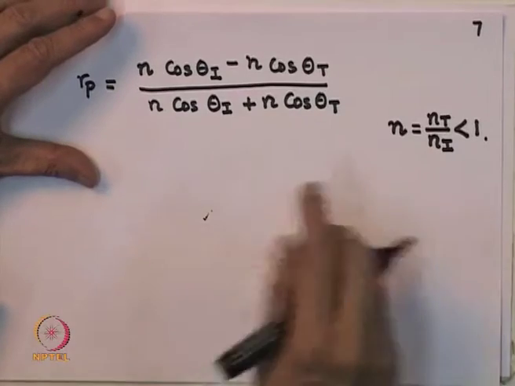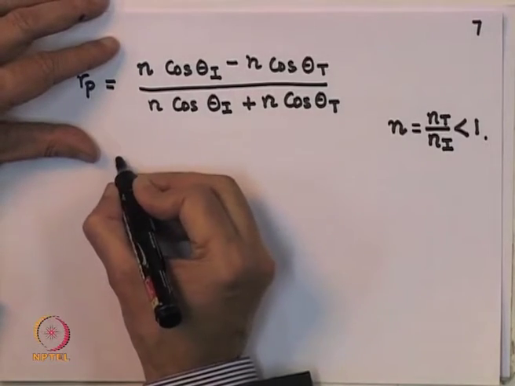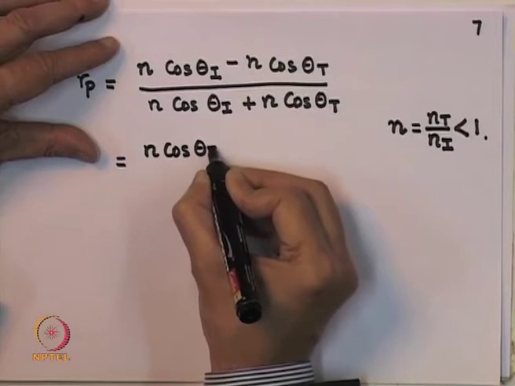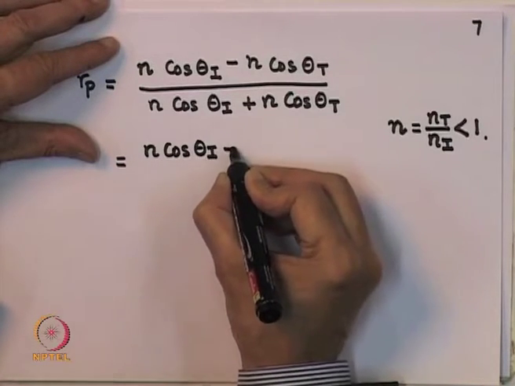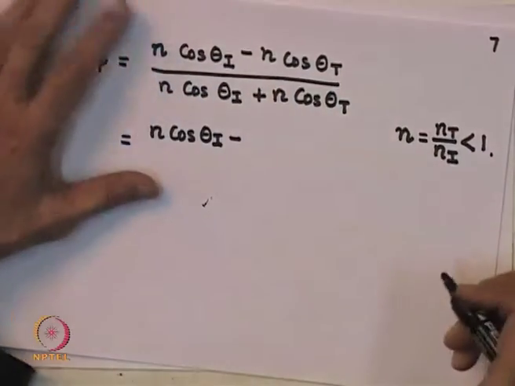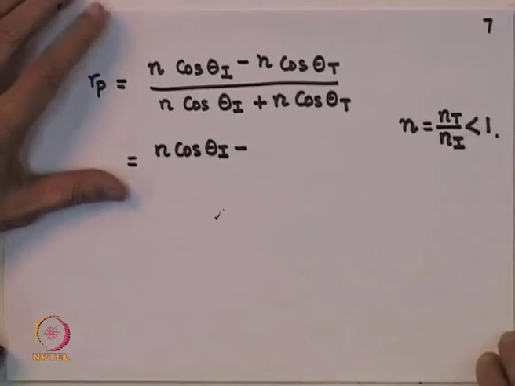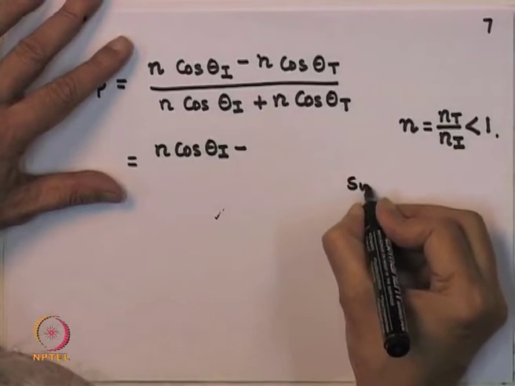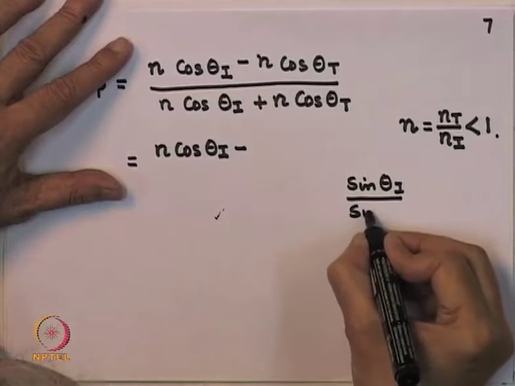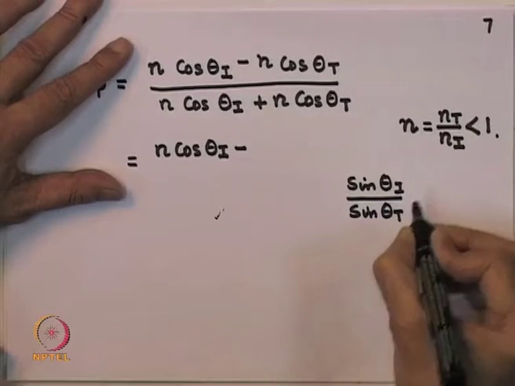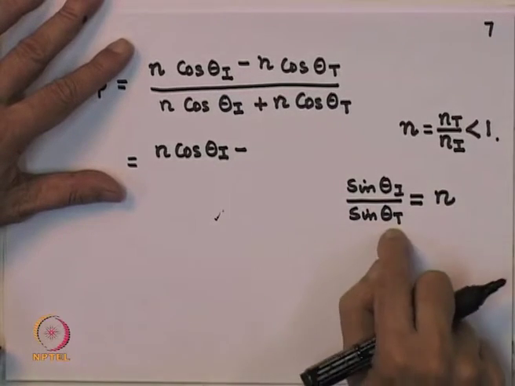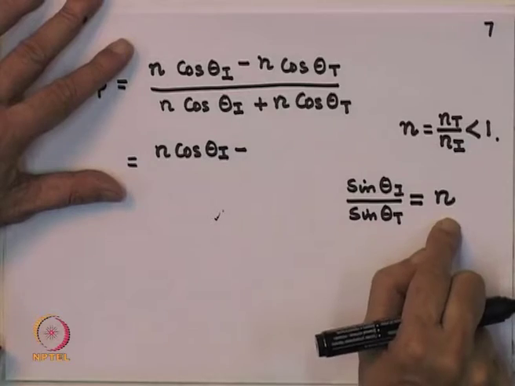I write this as n cos theta I minus, using Snell's law, because Snell's law gives me sin theta I by sin theta t is equal to n, so that sin theta t is sin theta I divided by n.